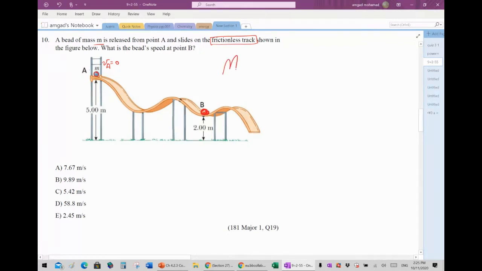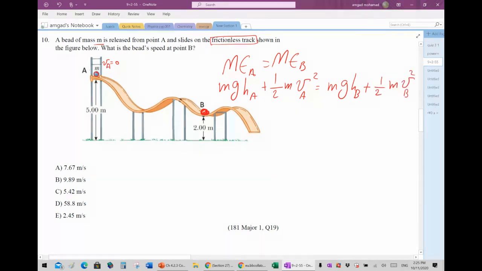So I say the mechanical energy at A equals the mechanical energy at B. So mgh_A plus half m v_A square, this is the mechanical energy at A, equals the same at B, mgh_B, the potential energy, plus the kinetic half m v_B square.